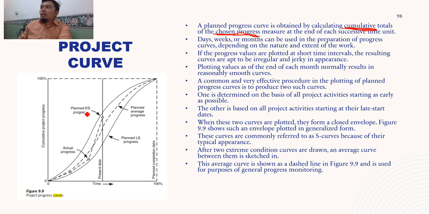But project teams are more inclined towards the financial curve because it's about money and cents: how much you pay, how much you are getting paid, and how much you are spending, investing your money towards a project. It's more tangible compared to physical, where physical is based on how many days you allocated, you slotted, you put on that activity.